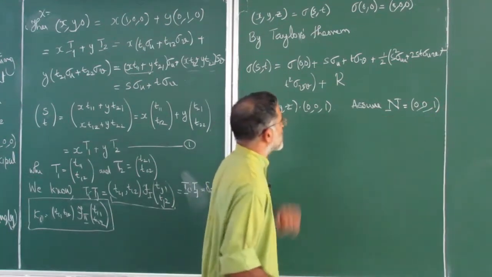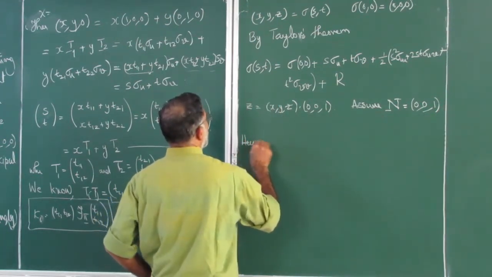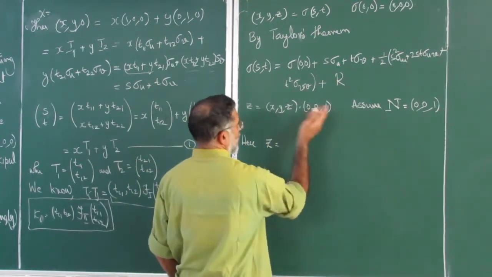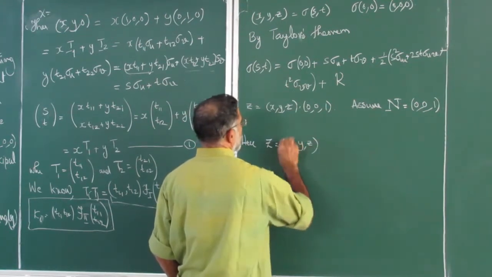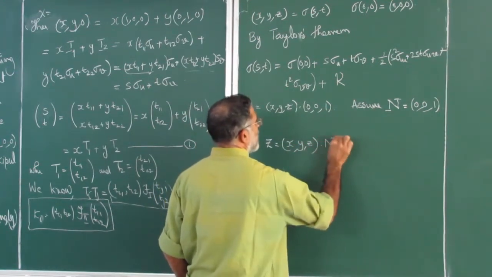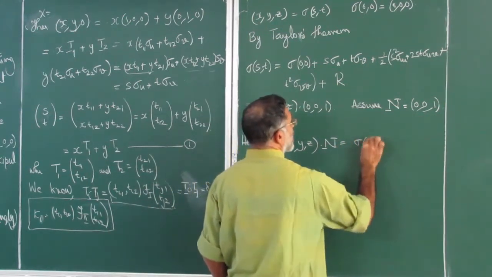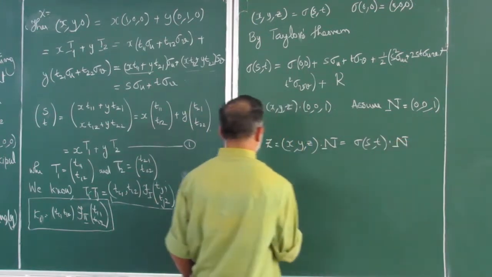So let us take this. So in that case, so hence Z is equal to this X, Y, Z dot the normal, and what is that X, Y, Z? That is sigma ST dot the normal.